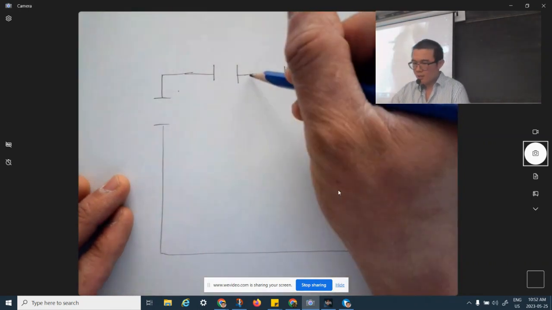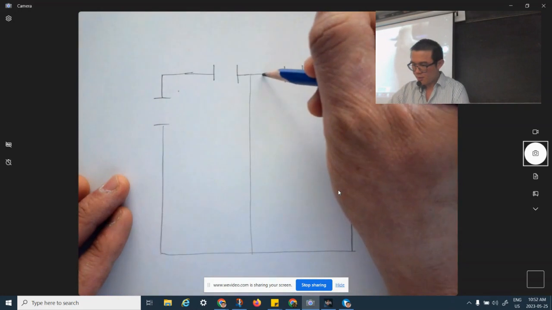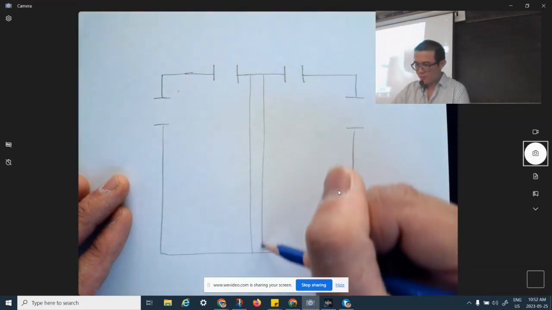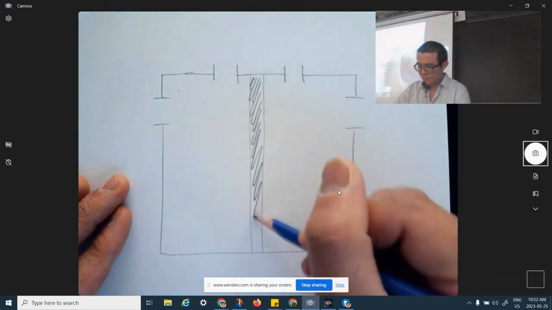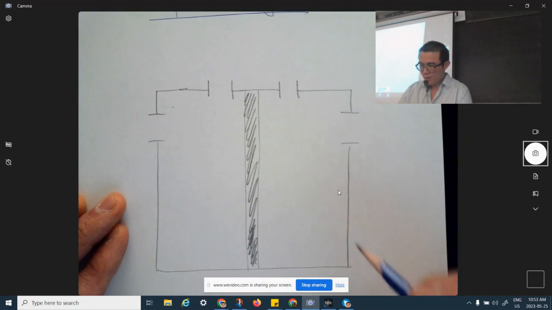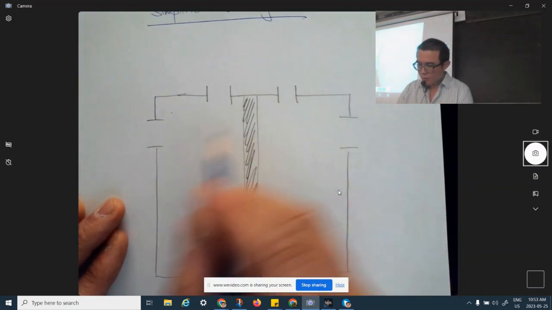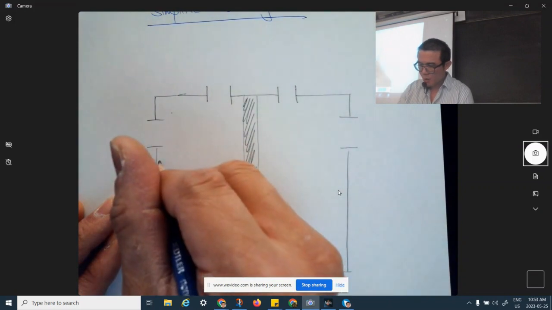And in the middle, a relatively thick wall, shaded in. Also, you're separating this into two. Usually the top is smaller.